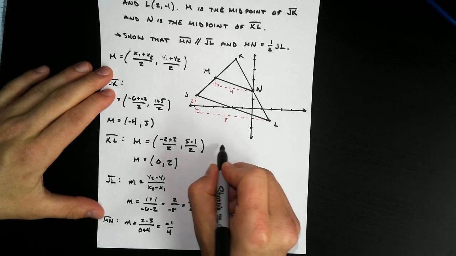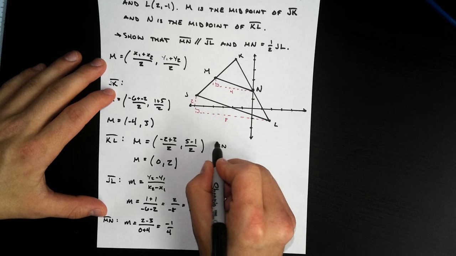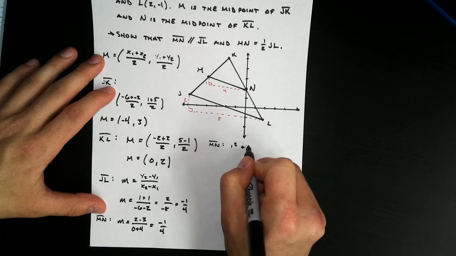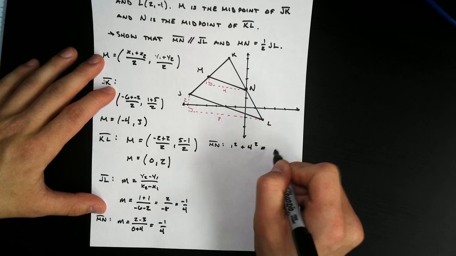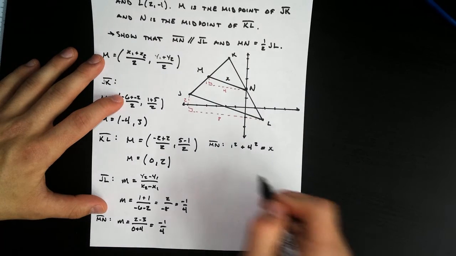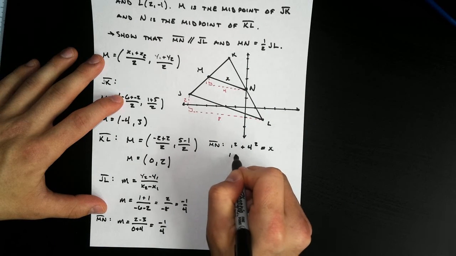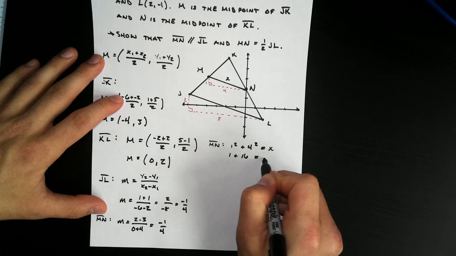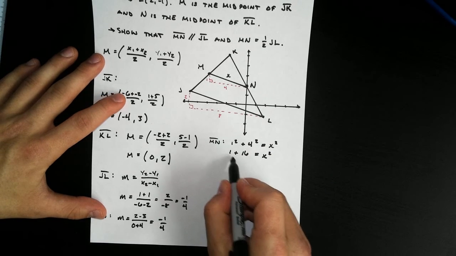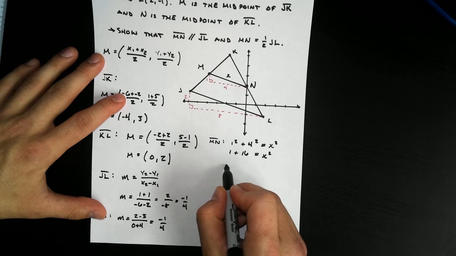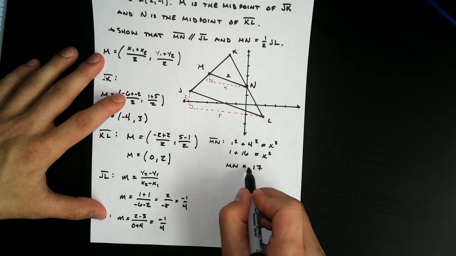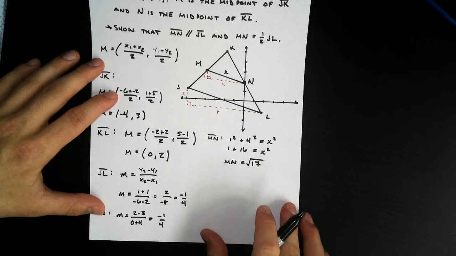Okay, so MN, we have 1 squared plus 4 squared is equal to the hypotenuse squared, which we'll just call x. So this is 1 plus 16. So we get 17, so MN is the square root of 17.